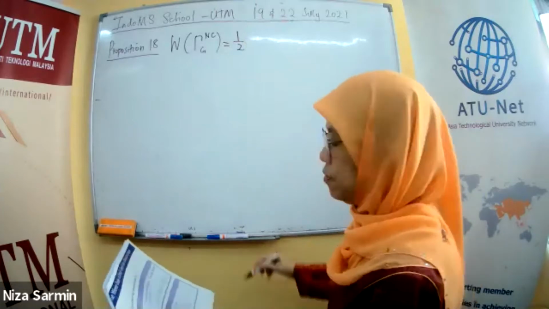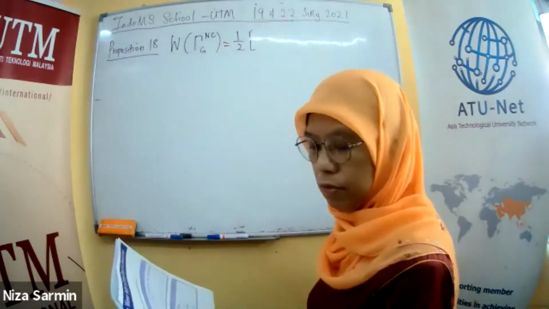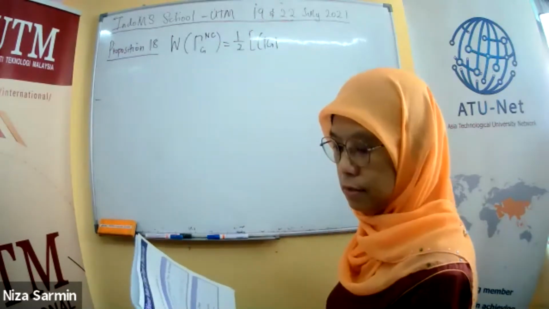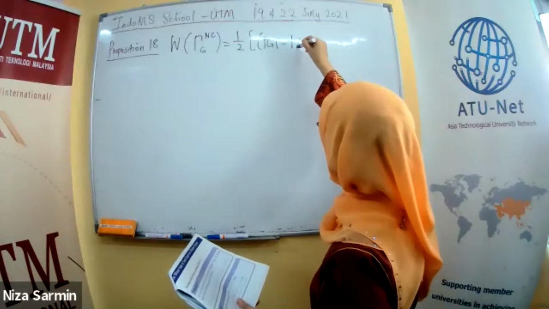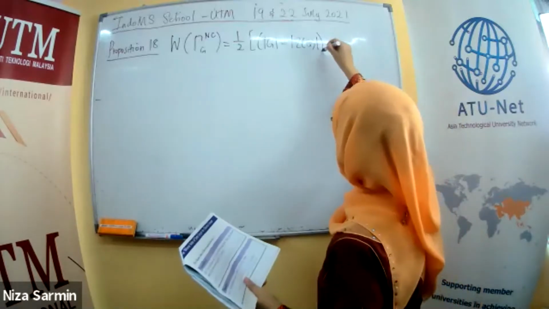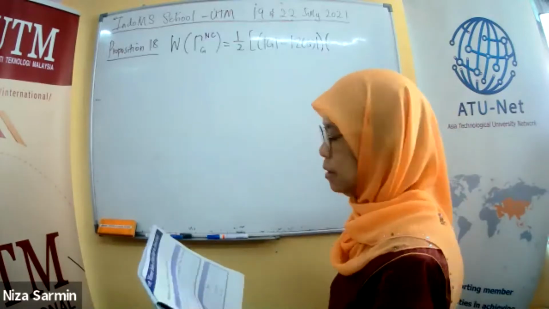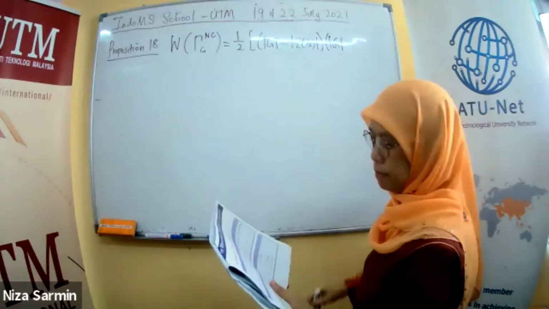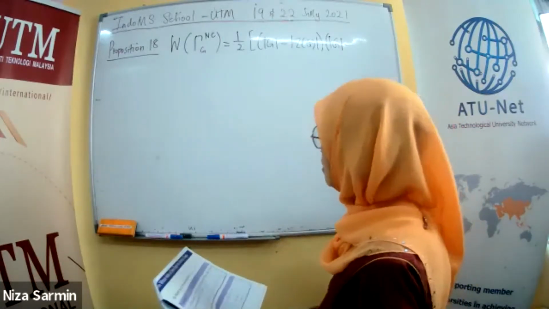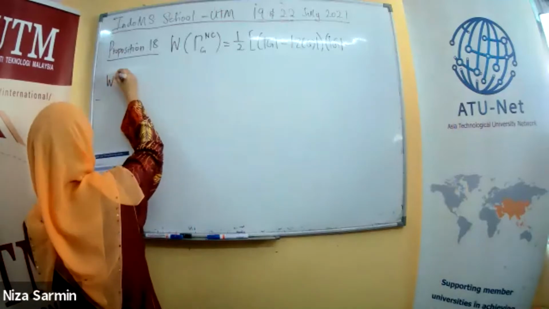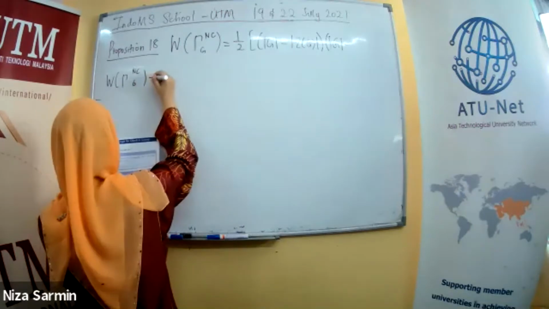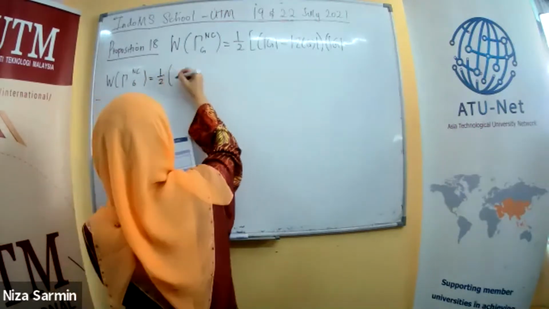It's 1/2. The order of G minus the order of the center, multiplied by the order of G minus... let me rewrite here, it's too long. You don't have to erase, yeah? I just wanted to write it in one line.